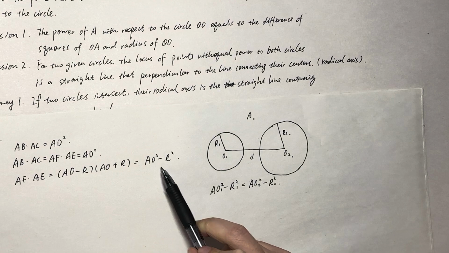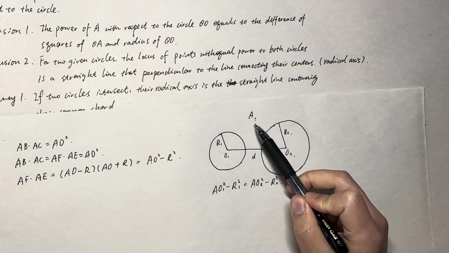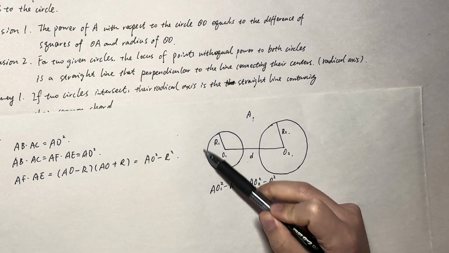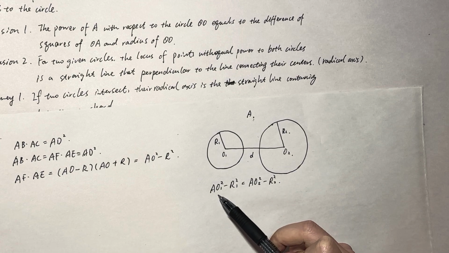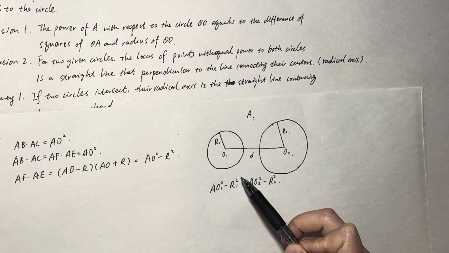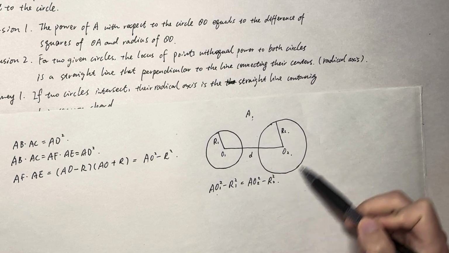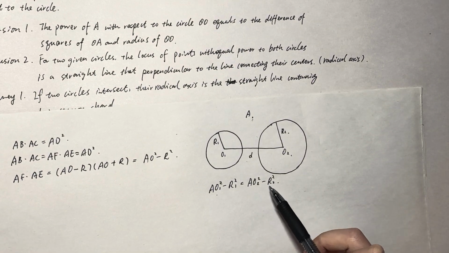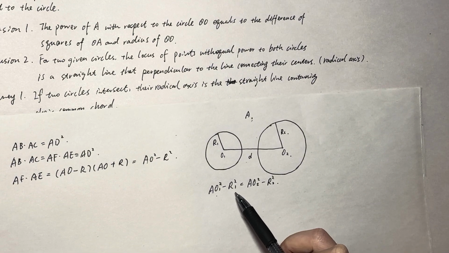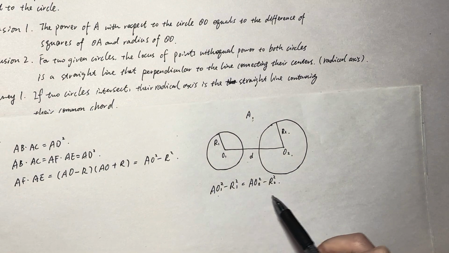That's what we learned. The power of A with respect to O1 equals AO1 squared minus R1 squared, and similarly the power of A with respect to circle O2 is AO2 squared minus R2 squared. And we force them to be equal.